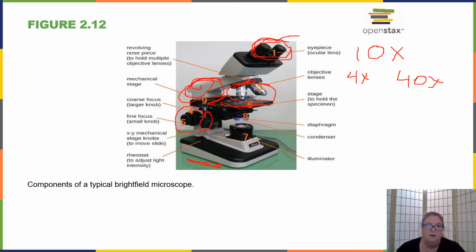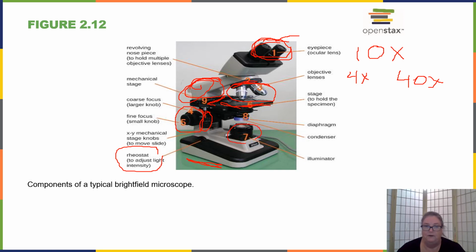These are your coarse focus and fine focus. I call them focus. Sometimes you'll see these called adjustment. So you've got coarse focus, which is going to be a larger knob, fine focus, which is smaller. All right, we talked about the X and Y stage knobs. You're just going to have to practice with those. You've got a rheostat or a dimmer switch that will adjust the amount of light. You've got your lamp.